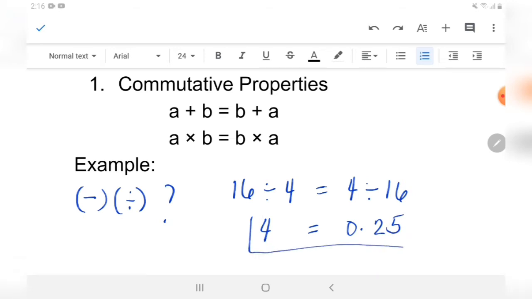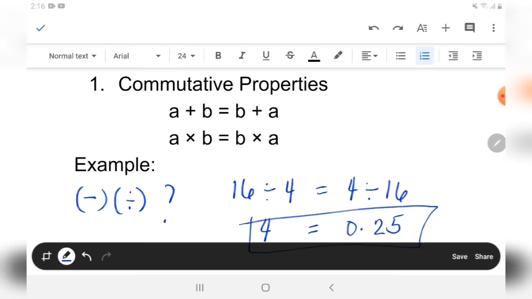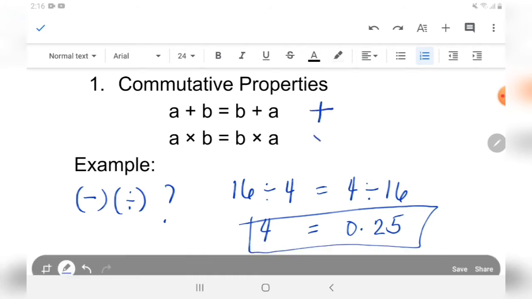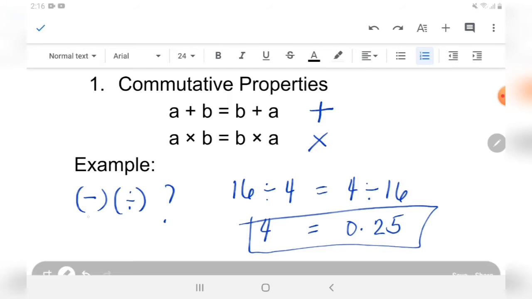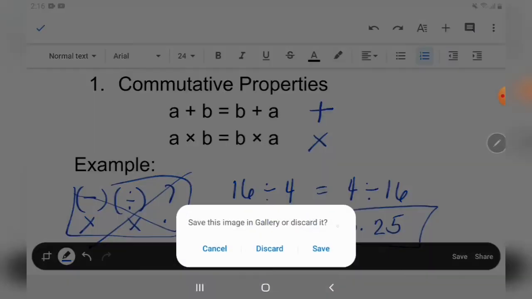Are they the same? No. So, in commutative property, we use only the operator plus and multiplication and not subtraction and division. Okay, next.